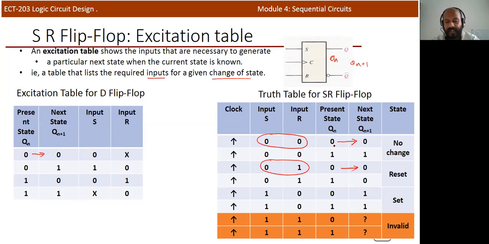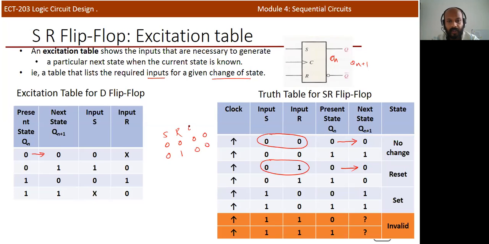Okay. When there is a change like this, Qn is equal to 0 and Qn plus 1 is equal to 0, this occurs in two conditions. Here you can see that S is equal to 0 and R can be 0 or 1. So two possibilities you will get. S is equal to 0 and R is equal to 0. And when S is equal to 0 and R is equal to 1, we can expect a change from 0 to 0.